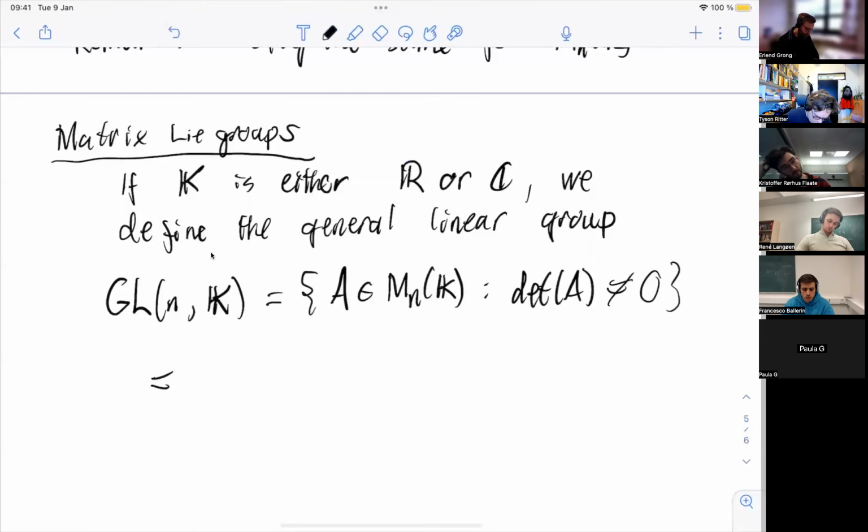And if you remember from linear algebra, this is the same as saying that the matrix is invertible.